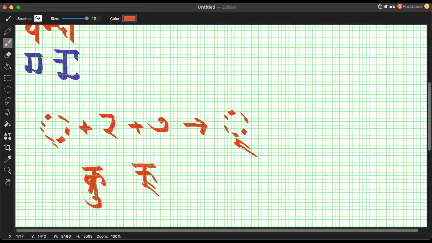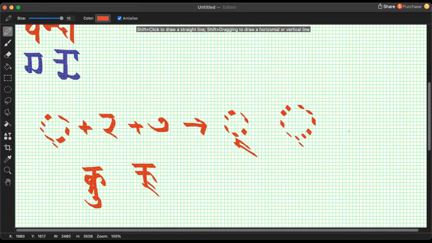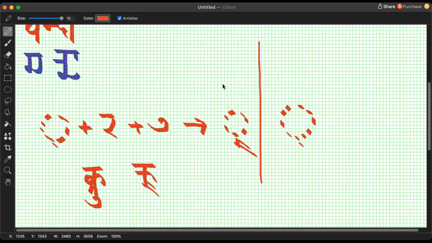Similarly, you have an alphabet here. I'll separate this. Okay, and to this I'll add Ra Matra.